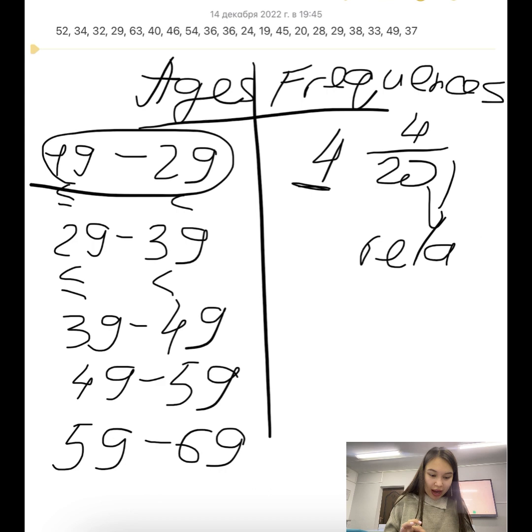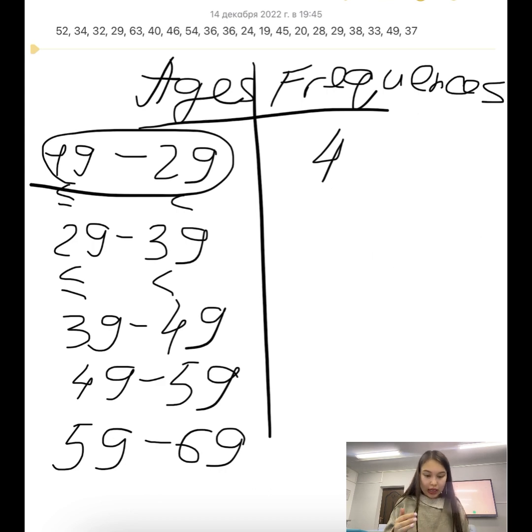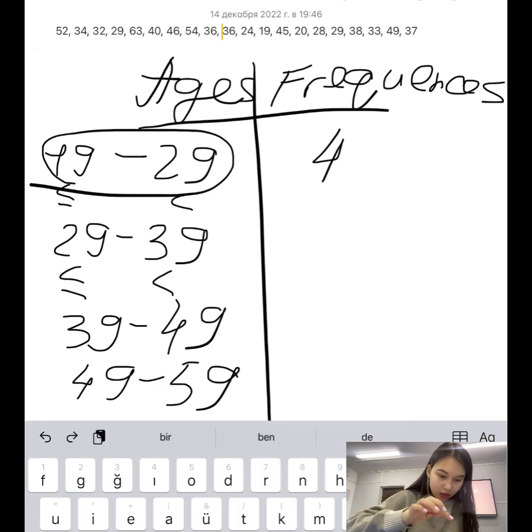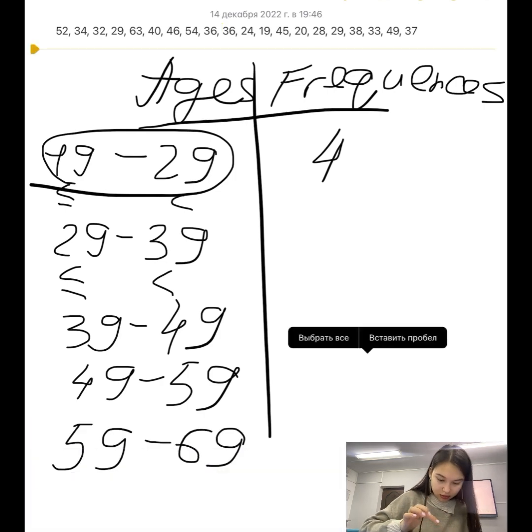I will write everything as absolute frequency for you to understand first what the frequency is. From 29 to 39, let's count how many times they repeat. 1, 2, 3, 4, 5, 6, 7, 8, 9.